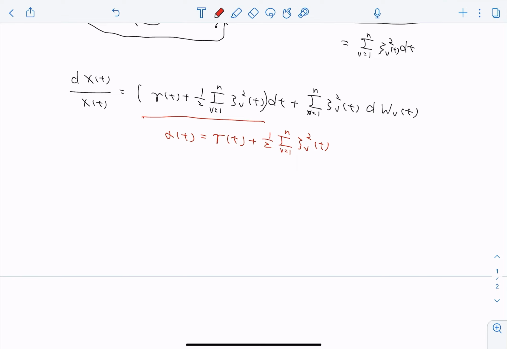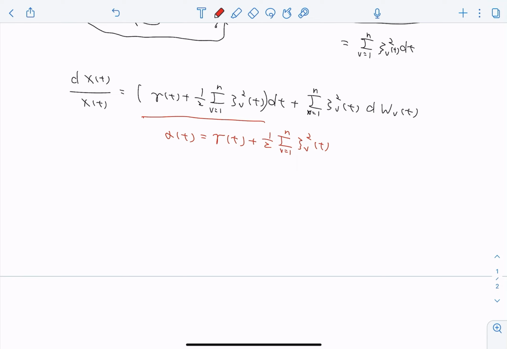Here we have the standard model for a stock price process. The dX of t over X of t can be interpreted as the instantaneous return on X of t. In the same sense, d log X of t can be interpreted as the geometric return on X of t, using the language of classical portfolio theory.